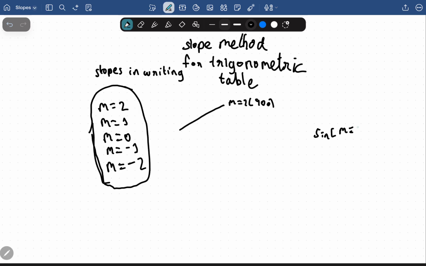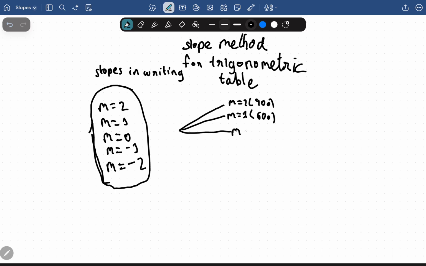That looks ridiculous. So that's why we keep it like this. M equals 2 is 90 degrees. M equals 1 is 60 degrees. We have the central one.